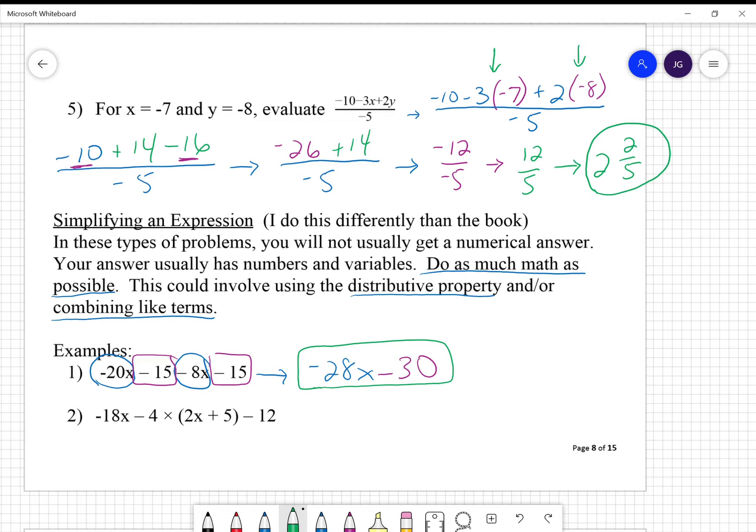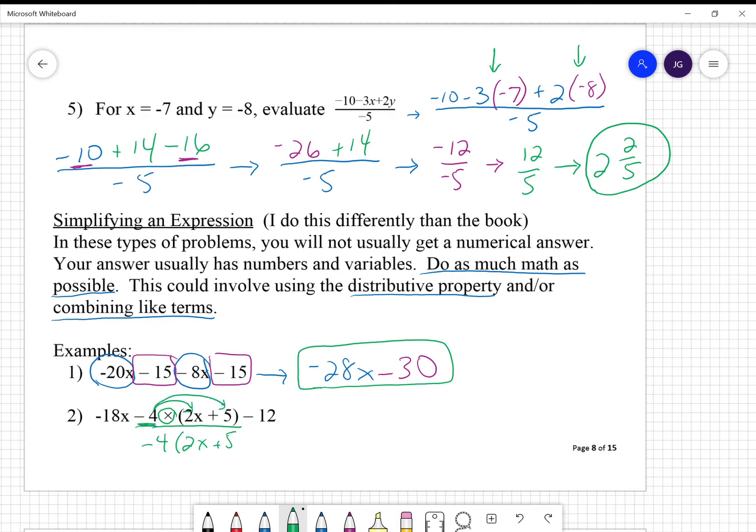In my second example, I have a set of parentheses. There's a multiplication here. Usually you will see that without the multiplication. So what I'm going to do is distribute the 4. And it's a negative 4 because the sign goes with the number.